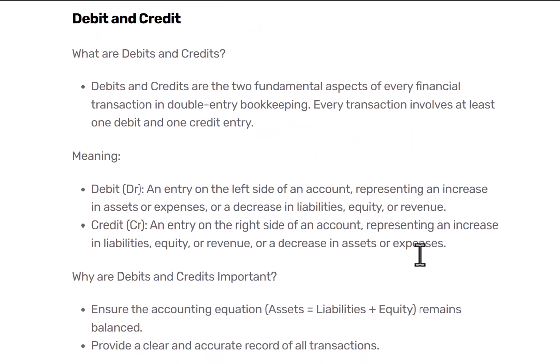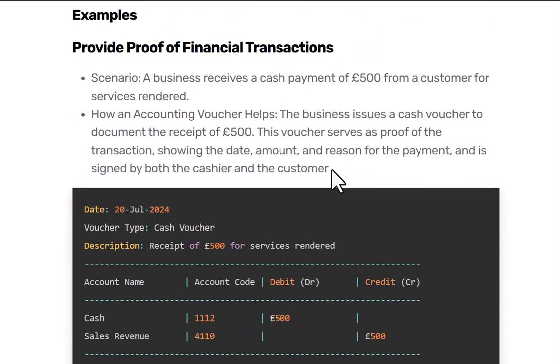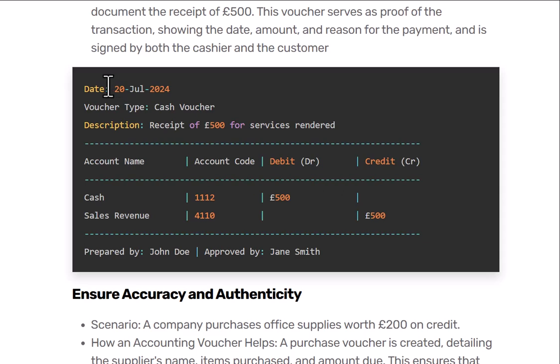Now let's talk about debit and credit. Before that, let's see the style of the voucher in general. Any basic voucher should have a date, a type, and a description of what the voucher is related to. It can include an invoice number and so on.